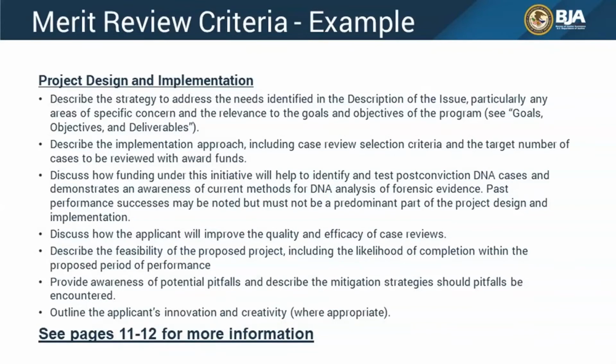The applicant will also be scored on how well they describe the implementation approach, including case review selection criteria and the target number of cases to be reviewed with award funds. So I encourage you to pay special close attention to these sections when developing your project and writing your proposal. Again, these can be found on pages 11 to 12 of the solicitation.